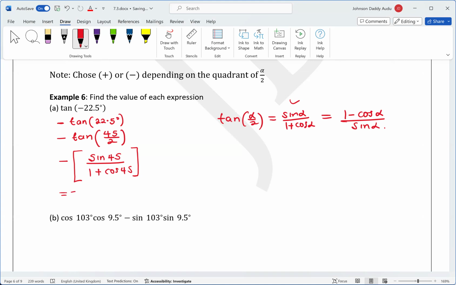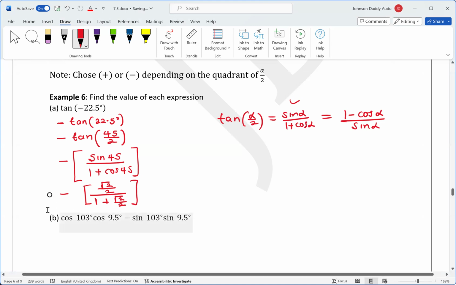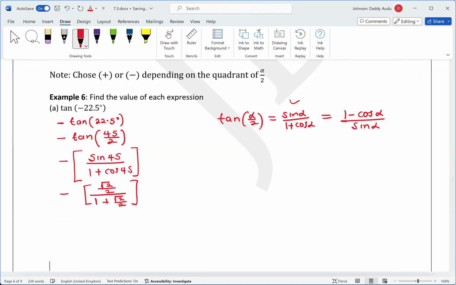The minus is still outside. Sine 45 is root 2 over 2. And here you will have 1 plus what? Root 2 over 2 as well. And then all we need to do is just to simplify.